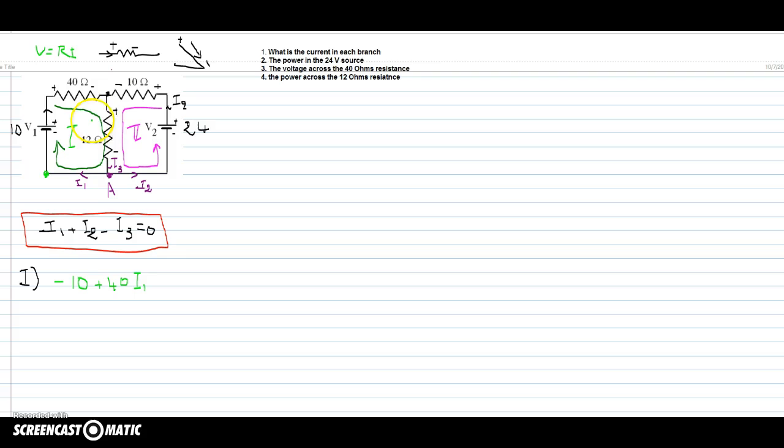I continue, I encounter plus, the resistor is 12, so plus 12, and the name of the current is I3. And this is equal to 0. Now I'm going to rearrange this equation so that I have I1, I2, and I3. So I don't have I2, so that is probably 0.